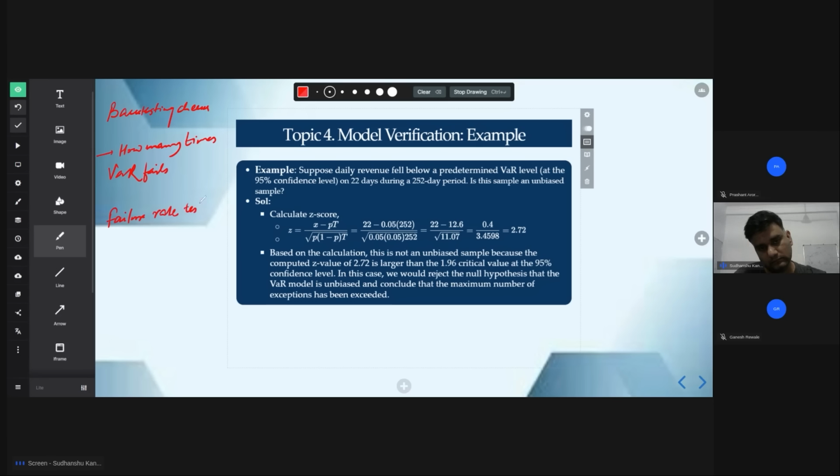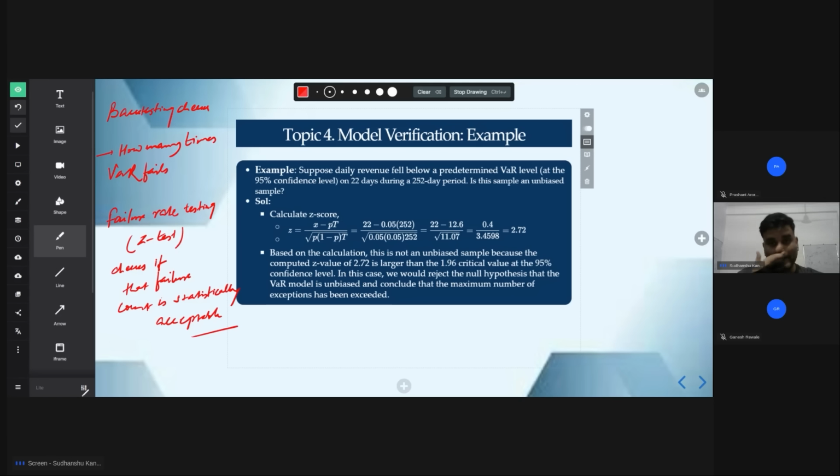Failure rate testing, which is the Z test, checks if that failure count is statistically acceptable or not.